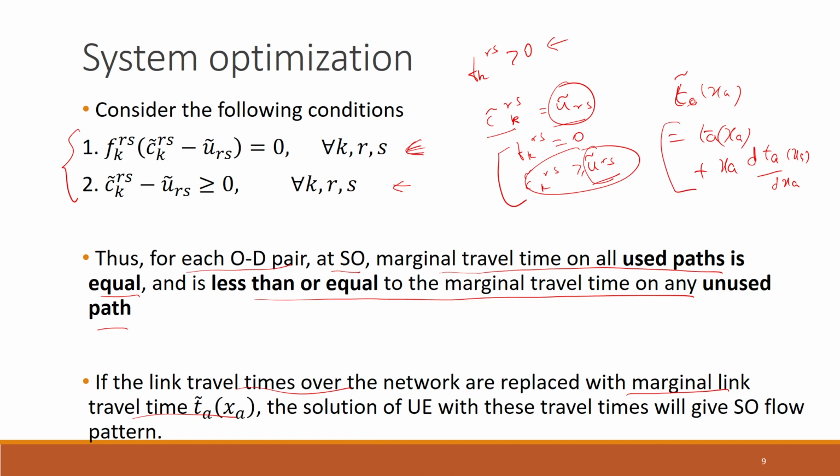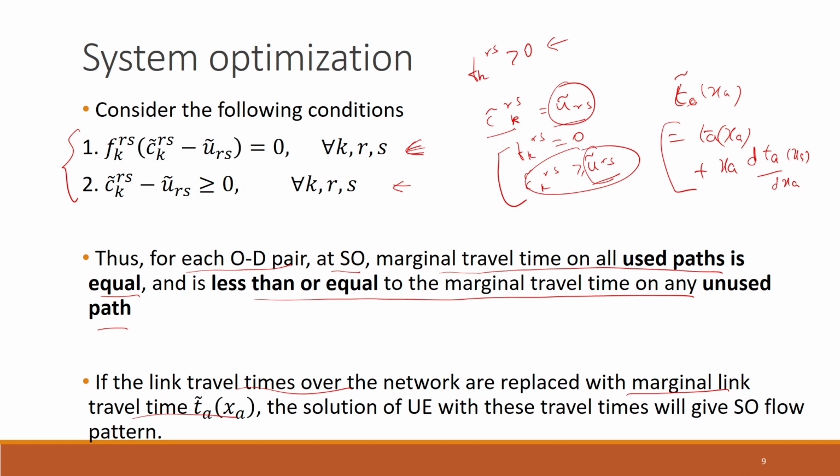So now if we replace the travel time of every link with the marginal travel time function, and on that new network we determine the solution of the user equilibrium, then that solution which is obtained is actually the system optimization solution for the original network. So this is very important.